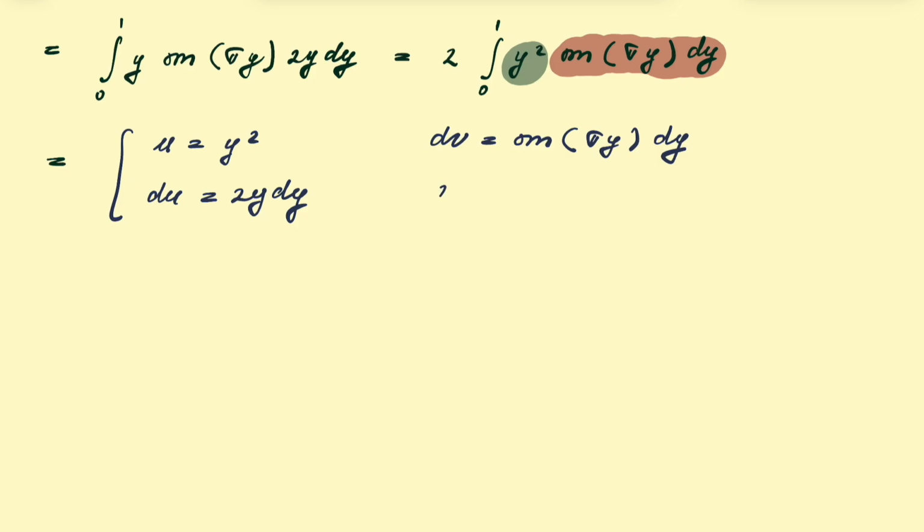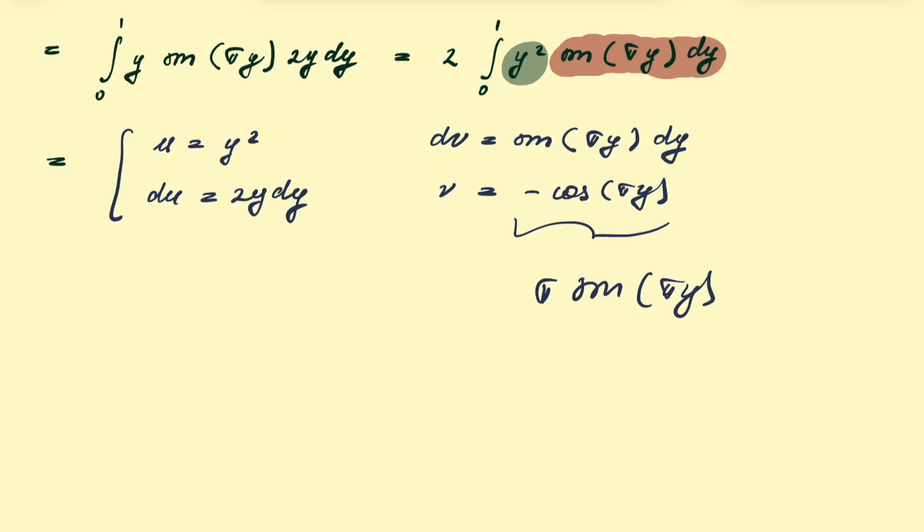Now its antiderivative will be what? We definitely have minus cosine of pi times y, and let's see, the derivative of minus cosine of pi times y is pi times sine of pi times y, so we need to divide this by pi.